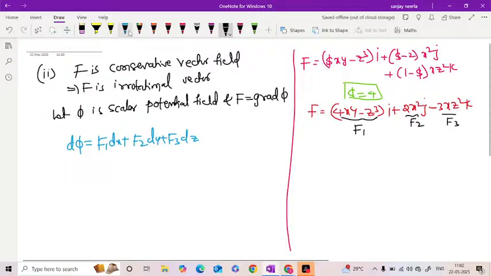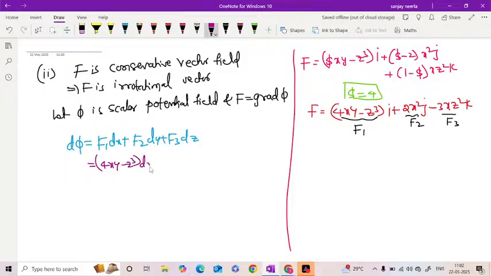Now substitute. After substituting this f1, f2, f3, it became 4xy minus z cube into dx plus 2x square into dy minus 3xz square into dz. And according to the previous statements, this differential equation must be the exact differential equation.